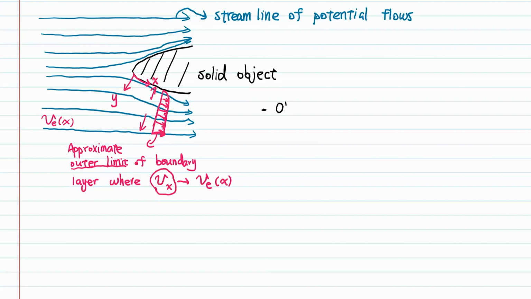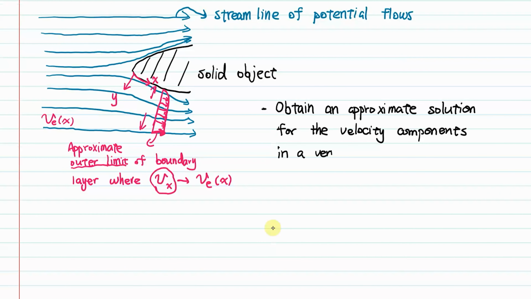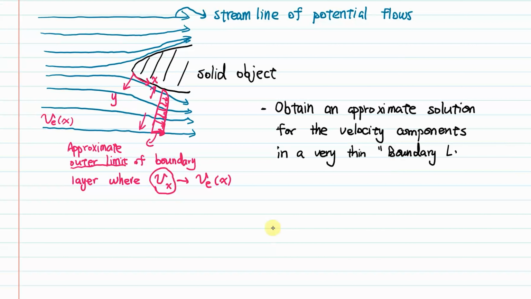So basically, we will obtain an approximate solution for the velocity components in a very thin boundary layer, which is near the wall or near the surface.